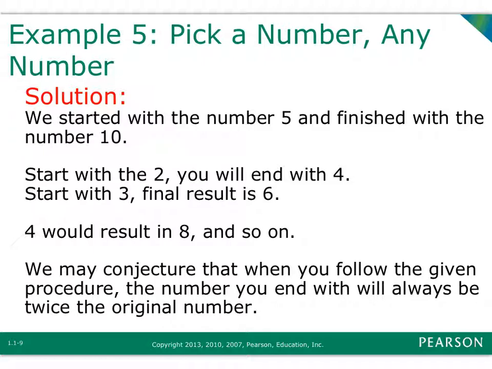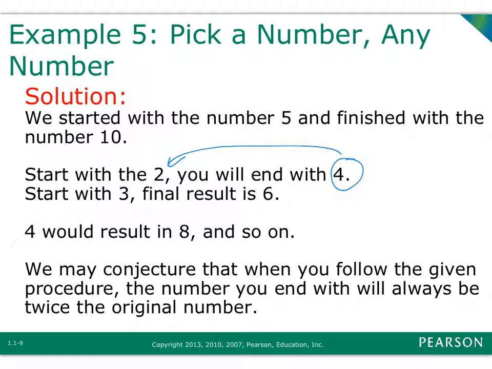If we multiply it by 4, we get 8. We add 2, we get 10. We divide by 2, we get 5, and we subtract 1, we get 4. So that's twice the number here.